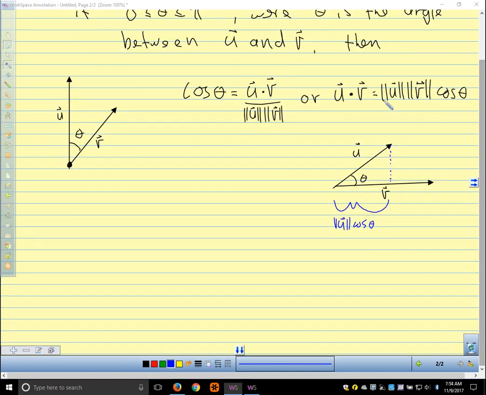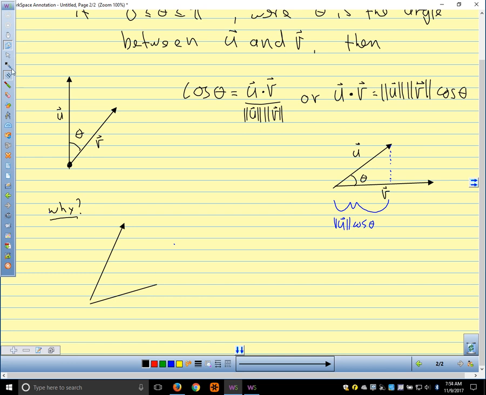All right, so let's look at why this works. This is a nice little demonstration with the law of cosines. I'm going to draw this picture again, and we're going to put another vector.